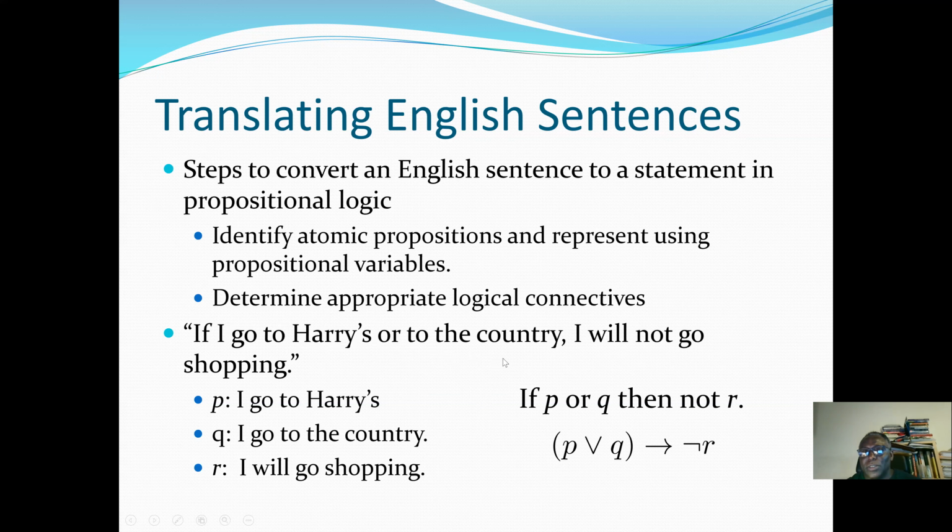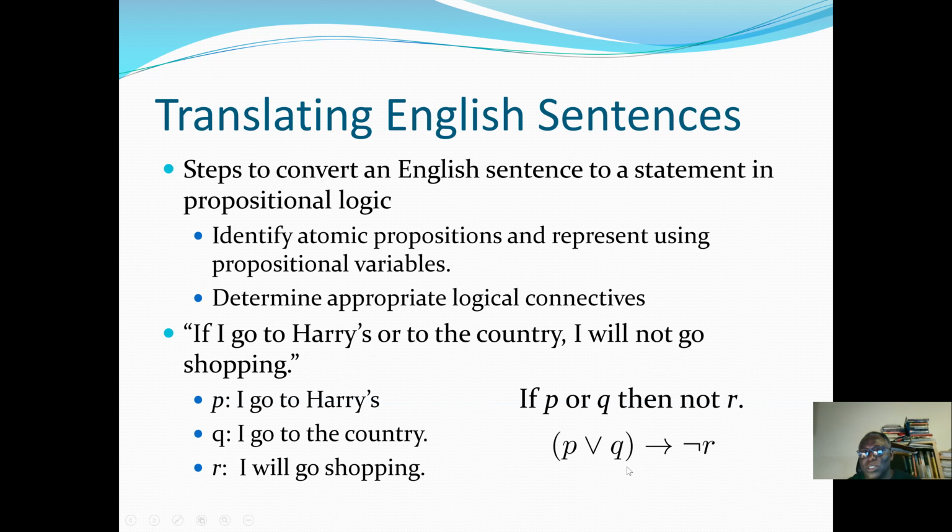To the country, I don't need the comma or the or or period. So to the country will be 1. I will not go shopping will be another. Now, the operators most of the time will be not, or, and the logical connectives. In these sentences, we have only or, so we are going to use or.